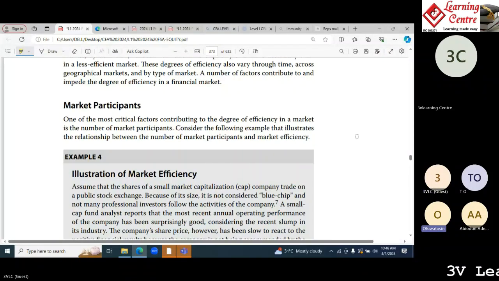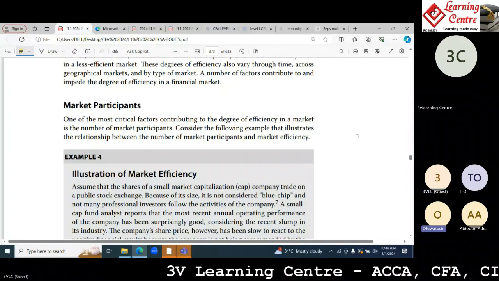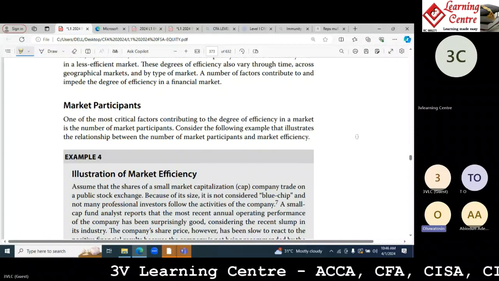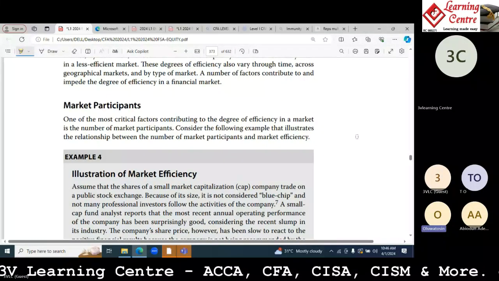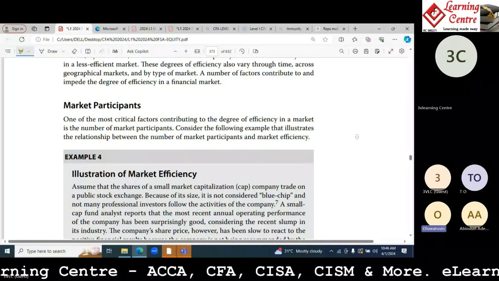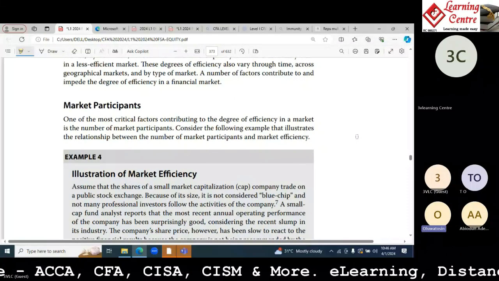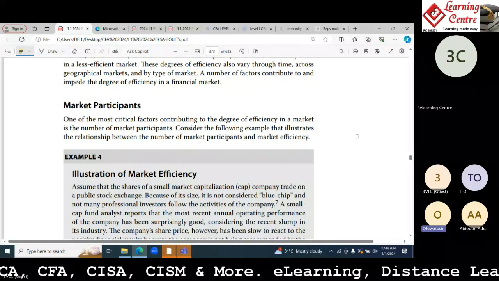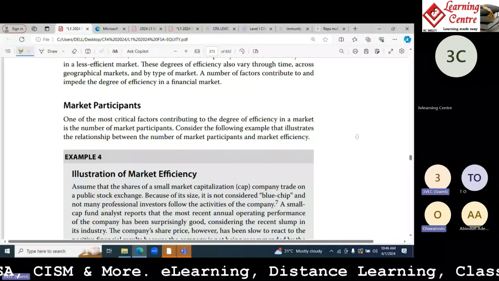Sorry, sir. Can you hear me? Yeah, I can hear you loud and clear. Okay. So I wanted to say, from what you just explained, does it mean that even if information is available in the market, like data is available, but there is a barrier to access?